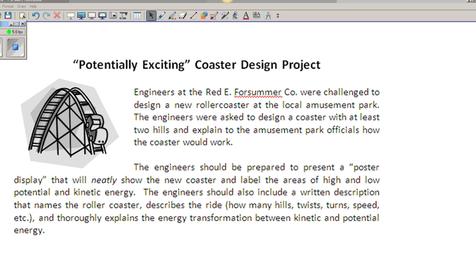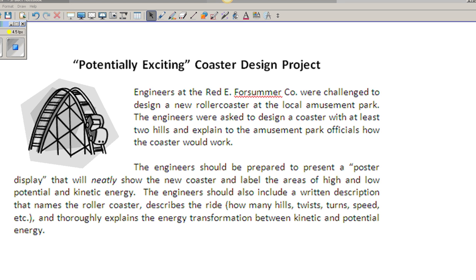Engineers at the Red E4 Summer Company were challenged to design a new roller coaster at the local amusement park. The engineers were asked to design a coaster with at least 2 hills and explain to the amusement park officials how that coaster would work. The engineers should be prepared to present a poster display that will neatly show the new coaster and label the areas of high and low potential and kinetic energy.